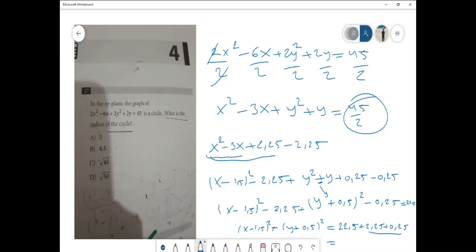Where did you get 22.5? This one. Oh, okay, sorry. And sir, this 0.25 is from where?